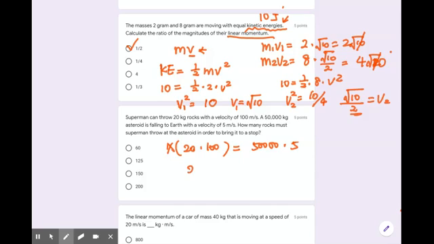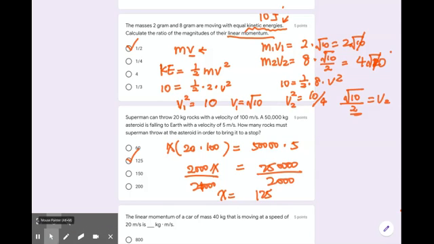So you get 2,000x equal 250,000, divided by 2,000. X equals 125. So he needs to throw 125 rocks. I mean, Superman can do 125 in 0.003 second. So, pretty cool.